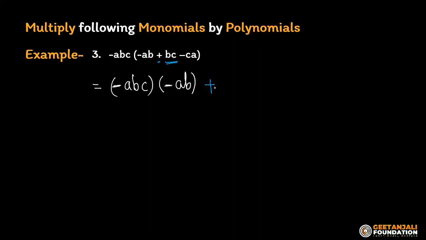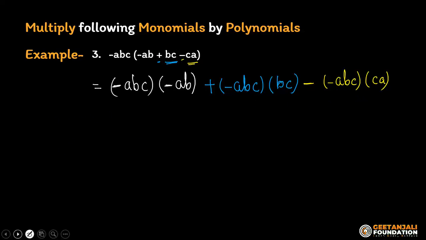So I will write this plus sign, and this is negative abc. So I'll multiply minus abc with bc, and now the last term inside the parentheses, that is ca. But before that, this minus sign, so I'll write this minus sign over here, and this minus abc will be multiplied with ca.